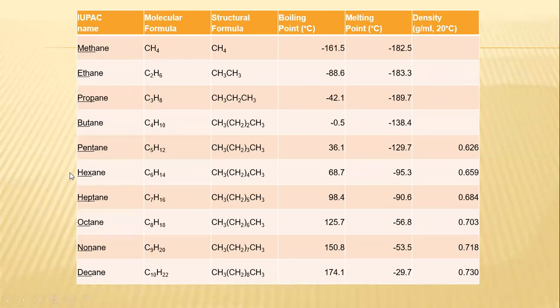Hexane is C6H14, n equal to 6: CH3, CH2 4 times, and CH3. If n is 7, you get heptane, C7H16. If n is equal to 8, you get octane, C8H18. If n is equal to 9, C9H20. If n is equal to 10, it is C10H22.